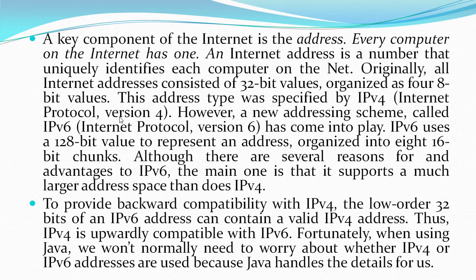A key component of the internet is the address. Every computer on the internet has one. An internet address is a number that uniquely identifies each computer on the net. Originally, all internet addresses consisted of 32-bit values organized as 4 8-bit values.